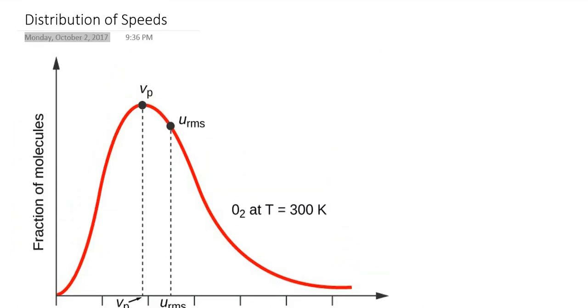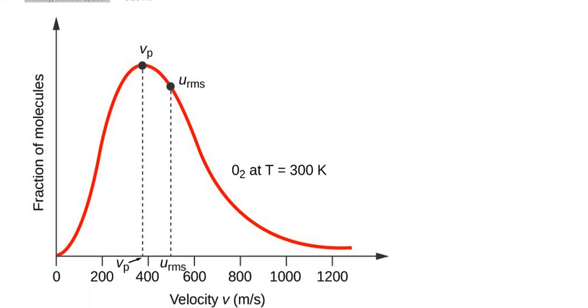As I said before, basically, when we consider gas particles, they don't all necessarily have to be moving at the exact same speed. And that's what this graph is showing. Essentially, from here to there, basically this portion of the curve represents gas particles that are slower than this velocity right here.